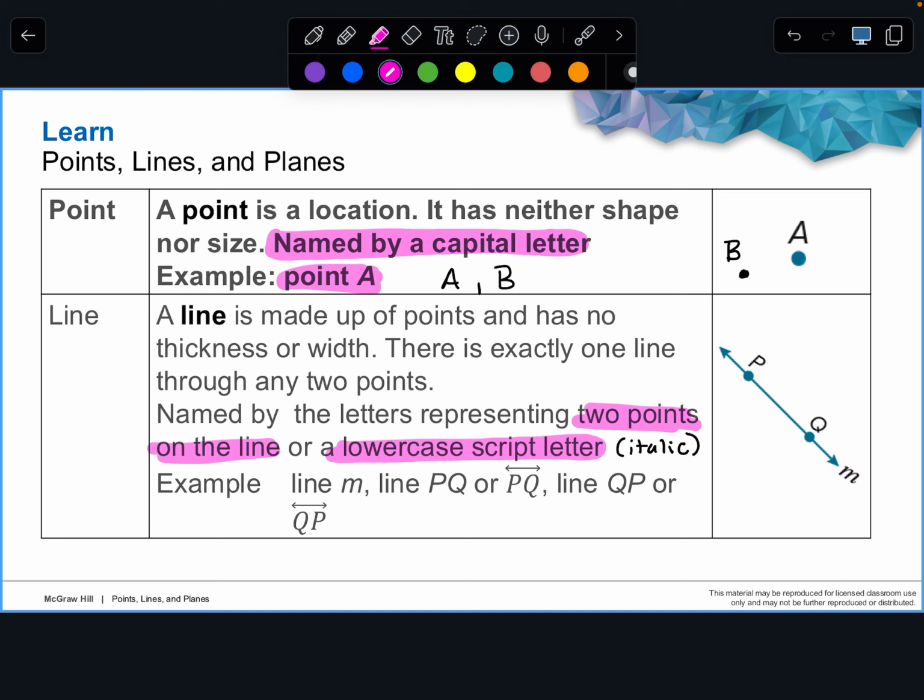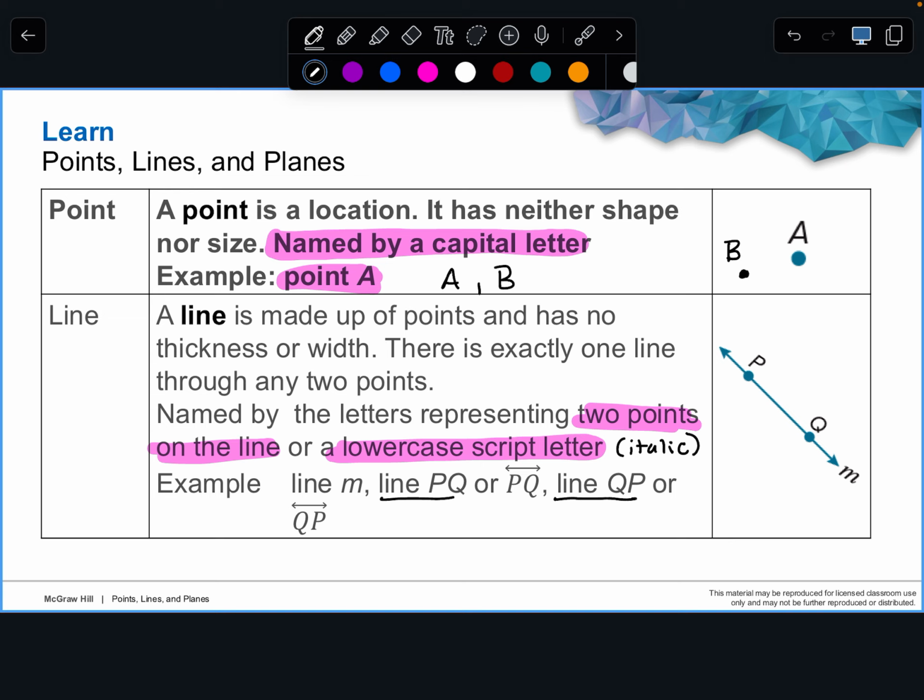So for this one over here, you have a P and a Q for your 2 letters on that line. So you could call it line PQ. Or you could call it line QP. See that? You get some options here. Line PQ, line QP.